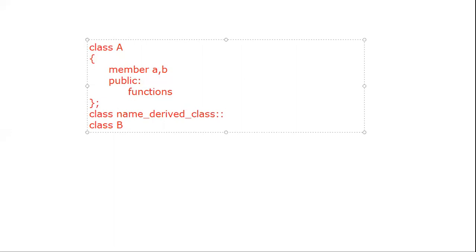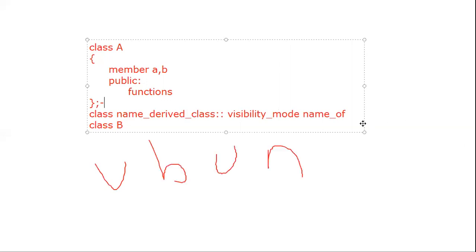For that purpose, we require one more important field here, which is the visibility mode, meaning in which mode we have to access the members or functions from the upper class, and the name of the visibility and name of the base class.